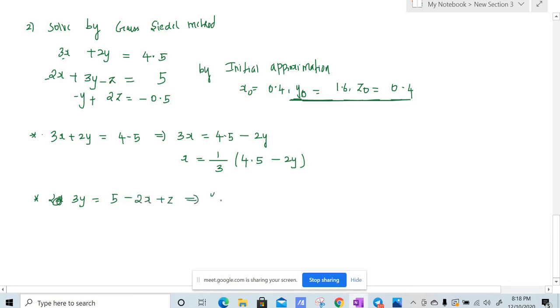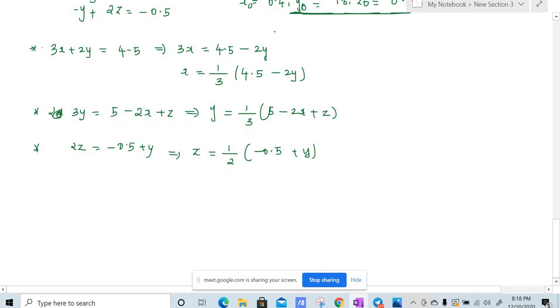So y is equal to 1 by 3, 5 minus 2x plus z. And for z, we choose this one: 2z is equal to minus 0.5 plus y. So z is equal to 1 by 2, minus 0.5 plus y. So now we'll move on to the first iteration.